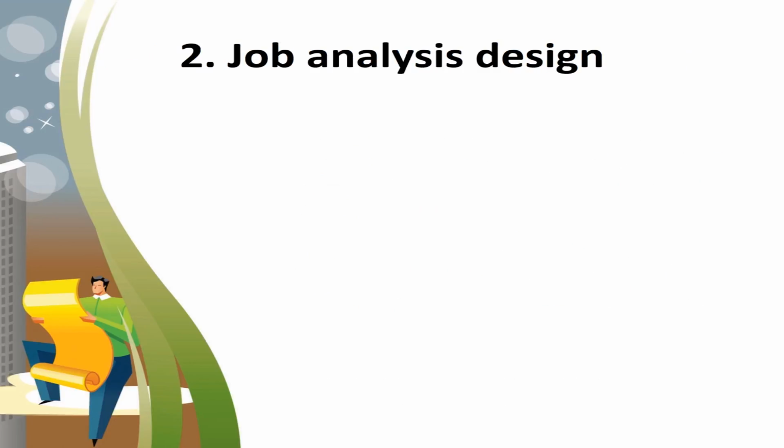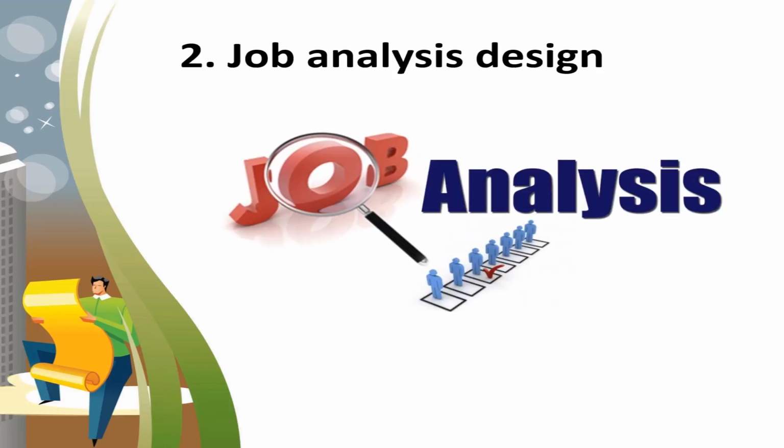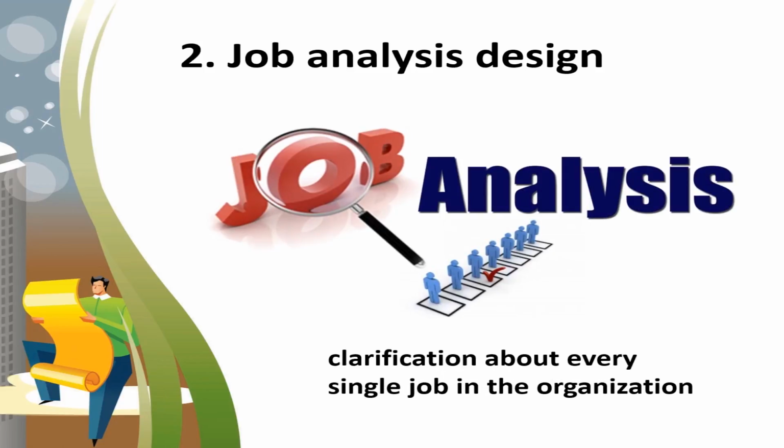Job analysis design. Another critical zone of HRM is job analysis, which gives a detailed itemized clarification about every single job in the organization. Based on this job analysis, advertisements are prepared by the organization.